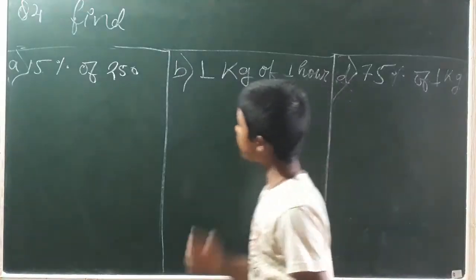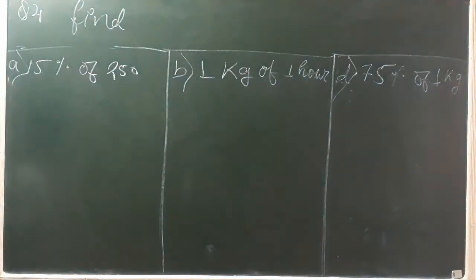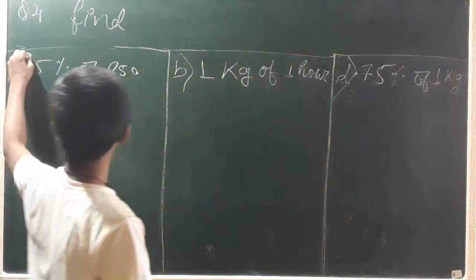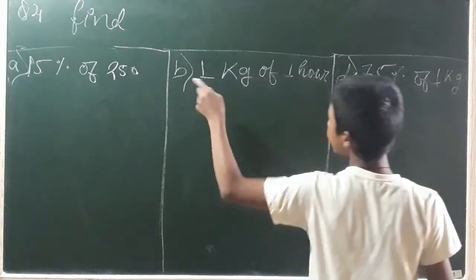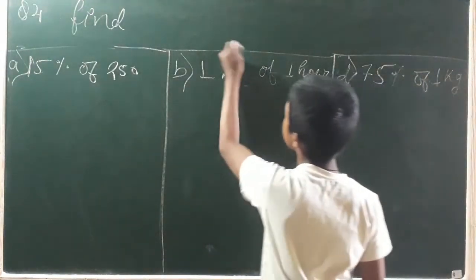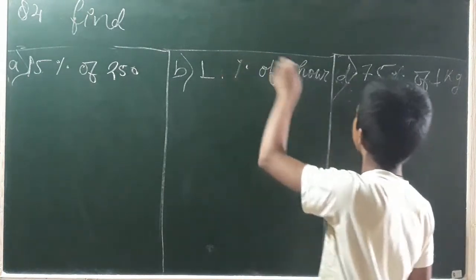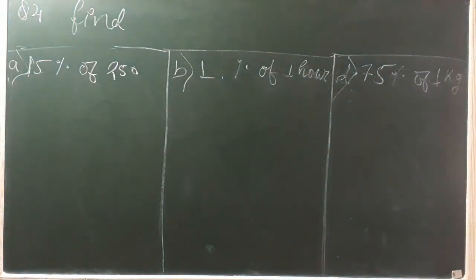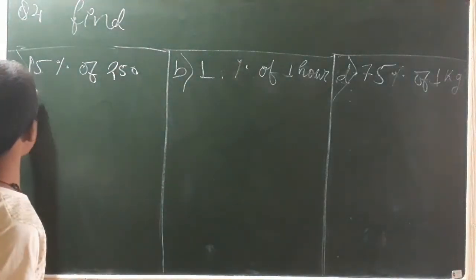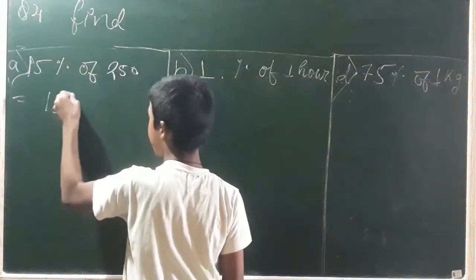So friends, moving on to the fourth question of exercise 8.2. A number, 15% of 250, B, 1% of 1 hour, and D, 75% of 1 kg. So this is our question. Now 15%, so 15 upon 100.